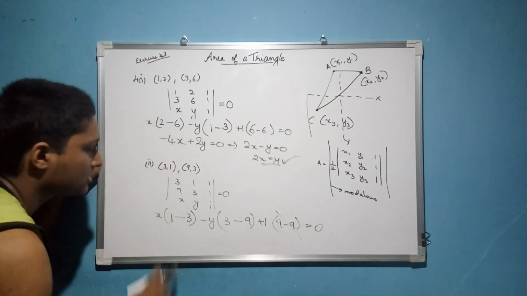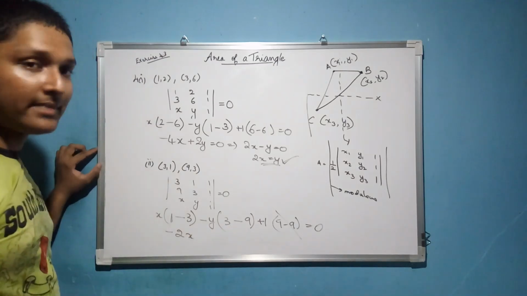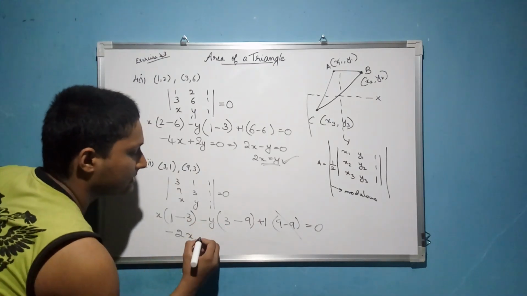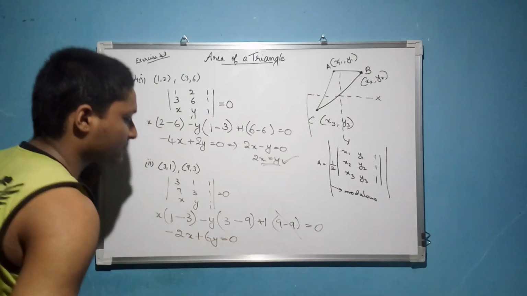This is however 0. So this is going to be minus 2x. 3 minus 9 is minus 6. Minus 6 into minus is plus 6. So plus 6y is equal to 0.